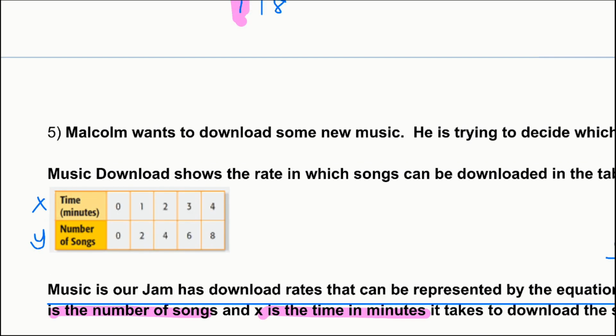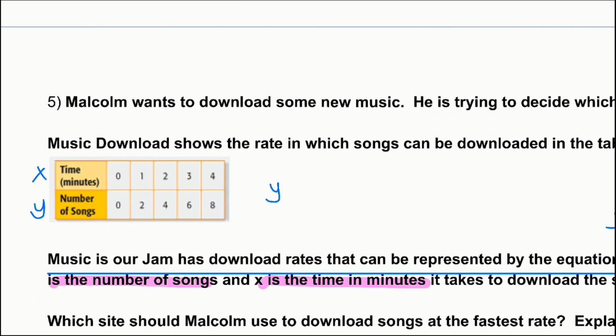Time is always x. So basically, if we want to find the number of songs we can get, we need to find the rate and take that times the number of minutes. The rate is going to be the change in y divided by the change in x. All right. So plus 2, plus 2, plus 2, plus 2.